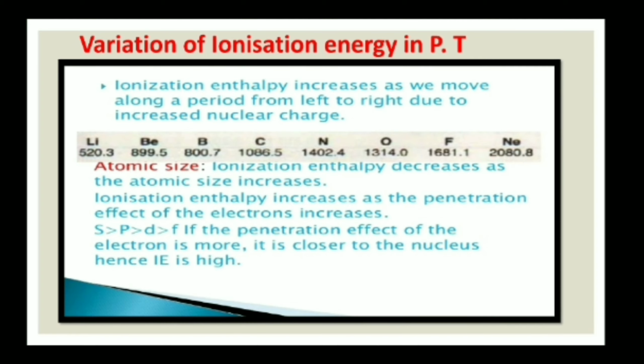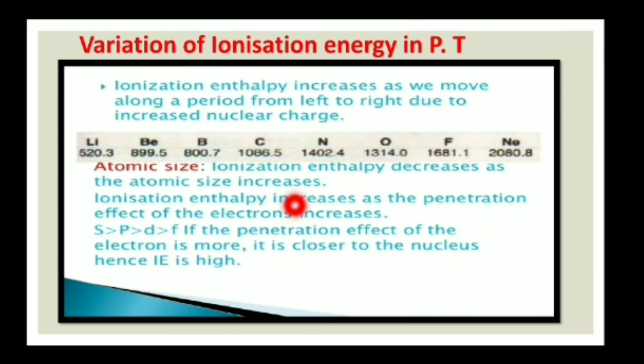Atomic size is one of the factors that affects the ionization enthalpy. Here the ionization enthalpy decreases as the atomic size increases. Take the example of the alkali metals, top to bottom. Here the number of shells goes on increasing, and the distance between the nucleus and the outermost shell increases.